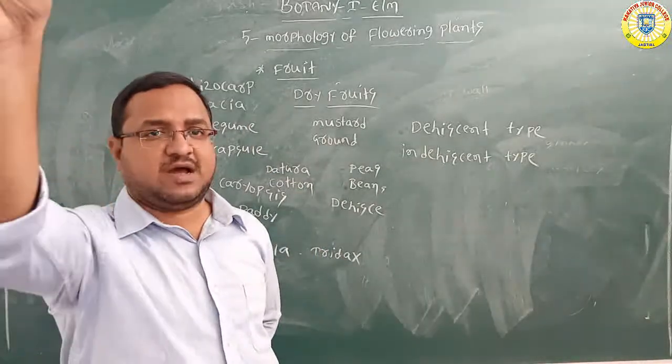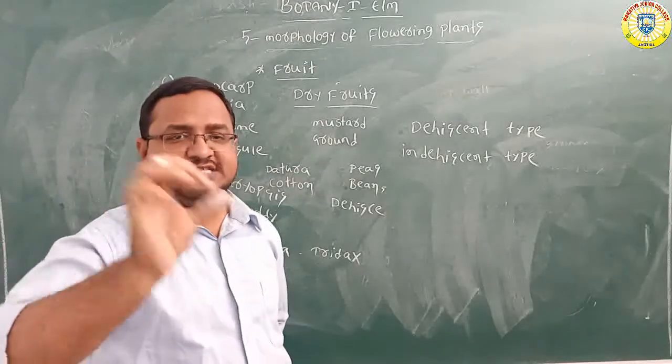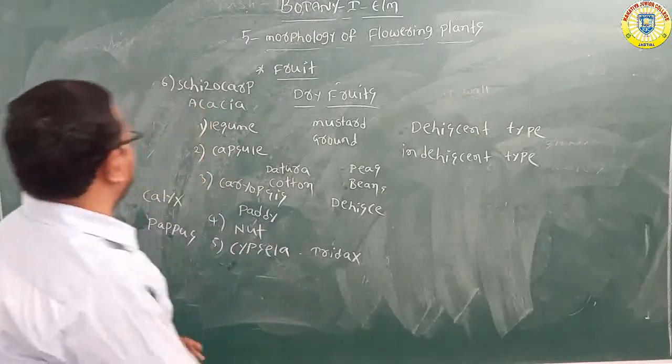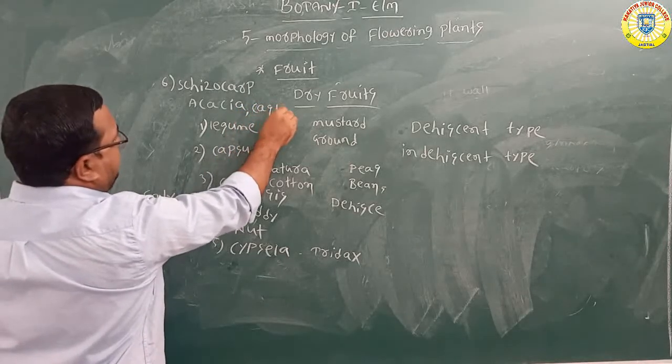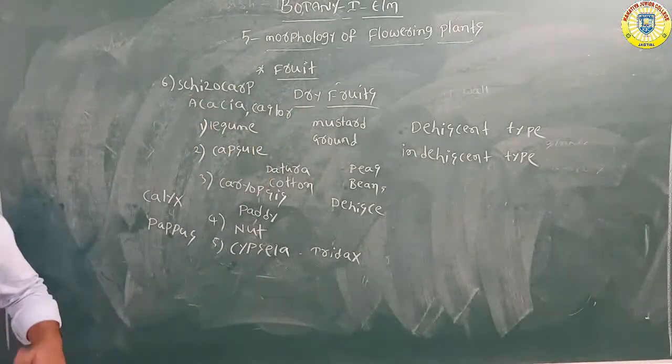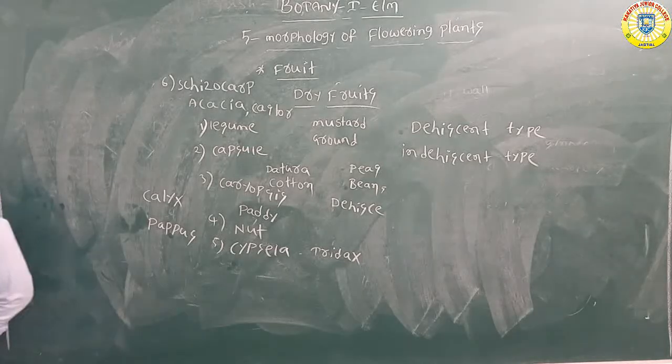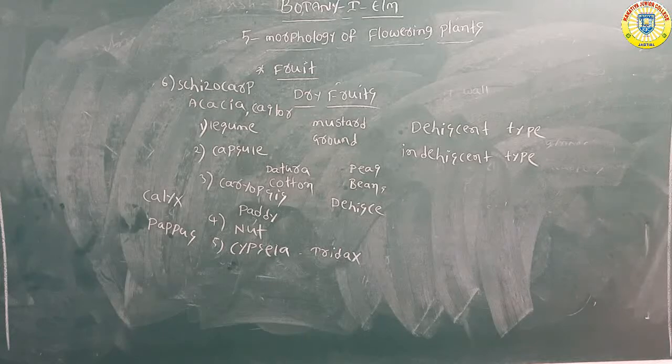You can see the fruits, especially Acacia and Castor, split into one-seeded bits that are called mericarps.